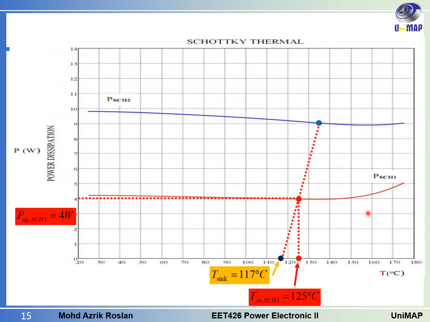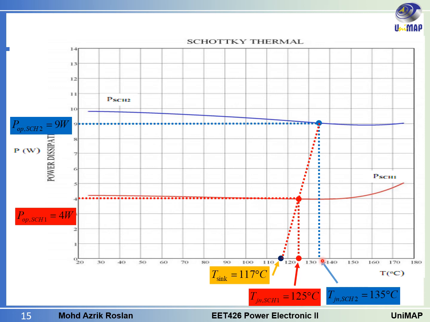Then from this, we can draw a straight line to the x-axis here, and this is the junction temperature for Schottky 2, which is 135 degrees C. And when we draw a straight line to the y-axis, we know that the power dissipated at this point is 9 watt.